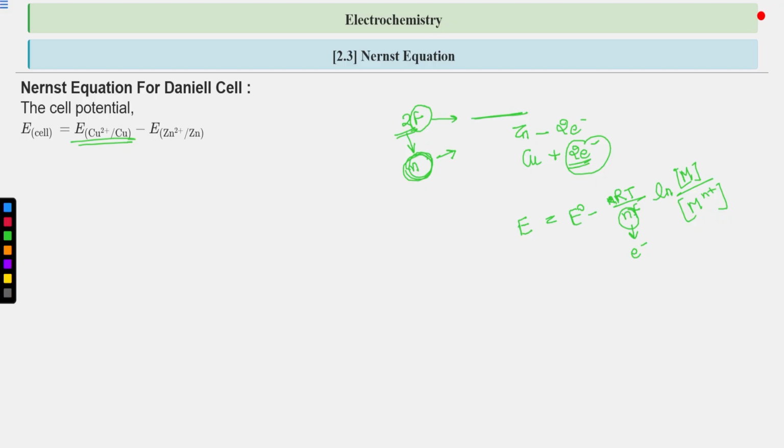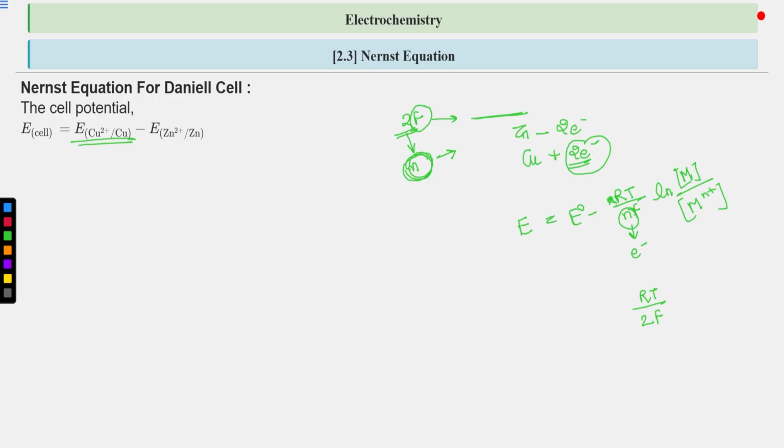In the redox reaction, the total number of electrons that the oxidized and the reduced element are gaining or losing is 2, 2 electrons. That is why we are writing RT by 2F. So that is the Nernst equation for the cell potential.